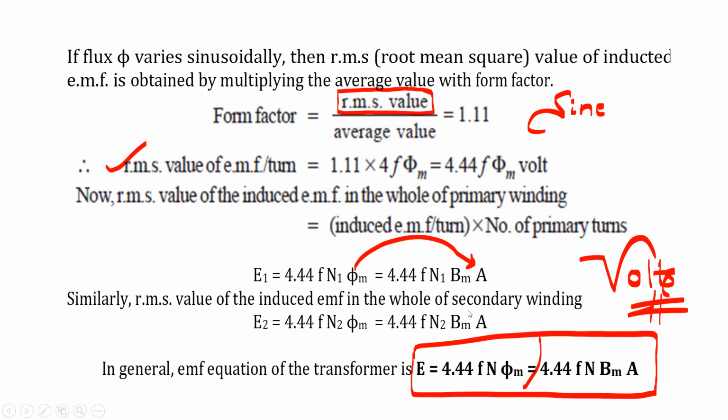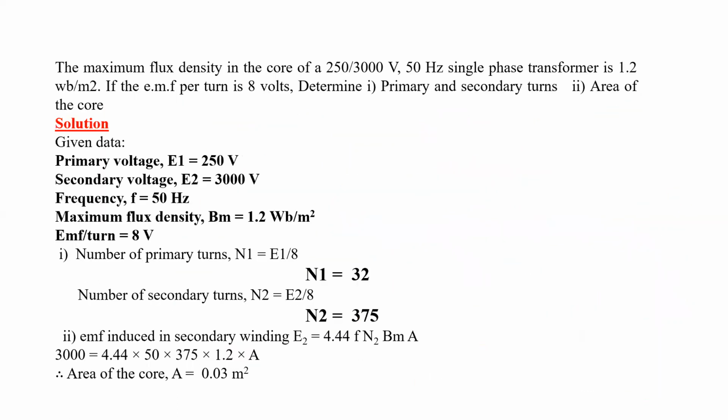Let's observe one more numerical so that you have an idea. They have given a numerical like this: maximum flux density in the core of a 250 by 3000 transformer. They have given ratings like 250 by 3000. What are the 250 and the 3000?